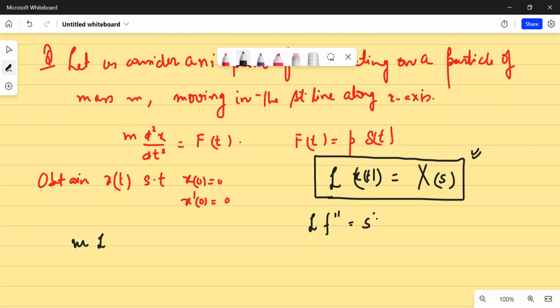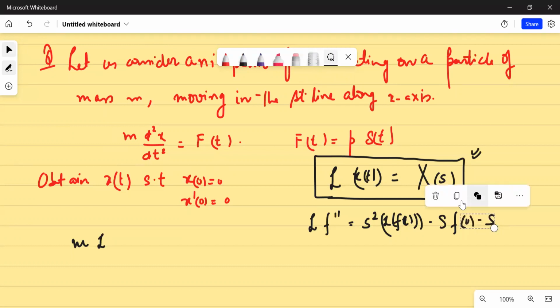It is equal to s square Laplace transform of f of t, and you had, I think, minus s times f of 0 and minus f dash 0, right? So this was the Laplace transform of f double dash t.